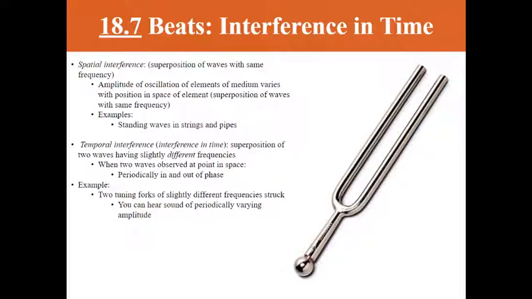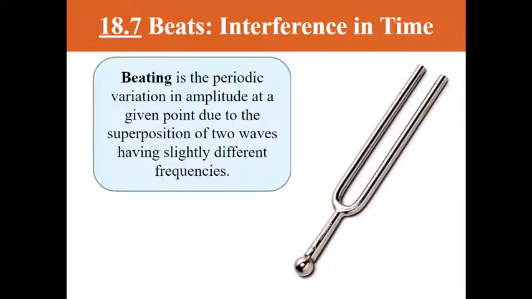So, for example, if you strike a tuning fork which plays a unique frequency next to another one with a slightly different frequency, you'll hear the combination of their sounds, and it'll have this periodically varying intensity. Depending on the frequencies of the two tuning forks, the periodic sound that you hear will be faster or slower, or even too fast that you can't even hear the beating.